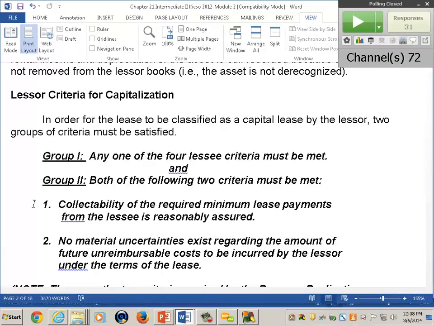If there are no significant uncertainties as to cost and collection, then it becomes a capital lease. So you meet one of 4 of the lessee conditions and both of these. Right? So the first group is for risk and reward transfer. The second group is to operationalize the completion of the operating cycle in revenue recognition.